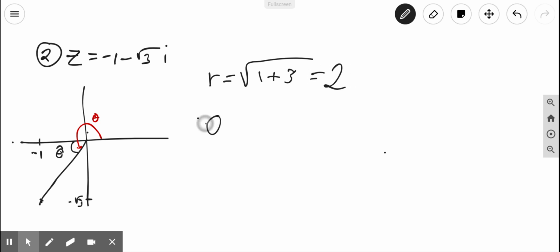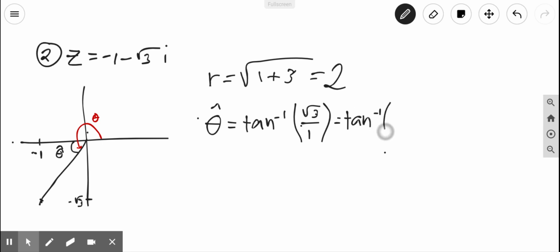Now let's find theta hat. So we said theta hat is just going to be the inverse tangent of the absolute value, so the positive of b over a. So the positive of b is root 3, and the positive of a is 1. So we're looking for the inverse tangent of the square root of 3.